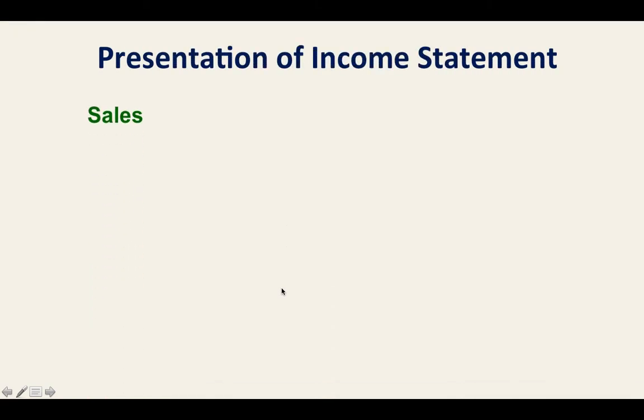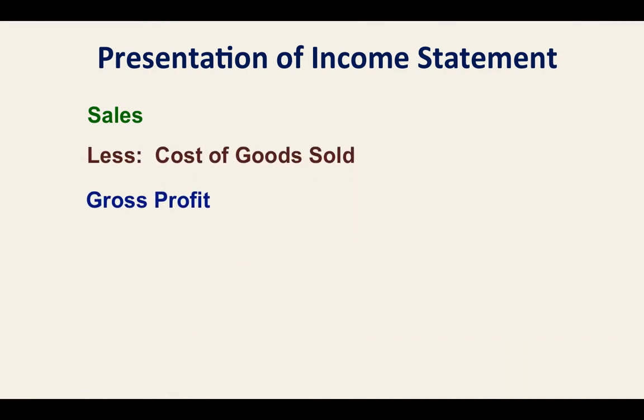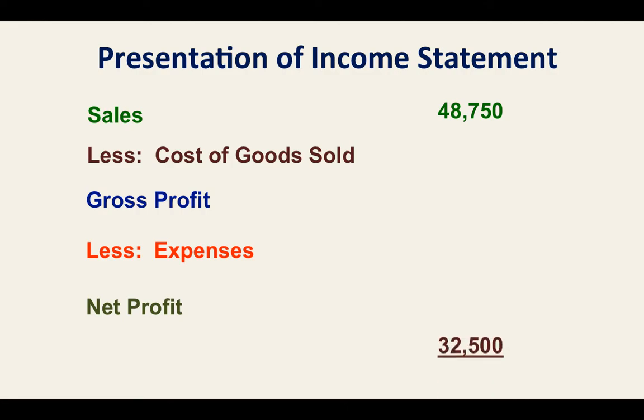So again, class, the presentation of income statement, sales less cost of goods sold will give you your gross profit, less expenses will give you your net profit. Let's put an absolute amount on these accounts. If our sales is 48,750 and our cost of goods sold is 32,500, how much is our gross profit?